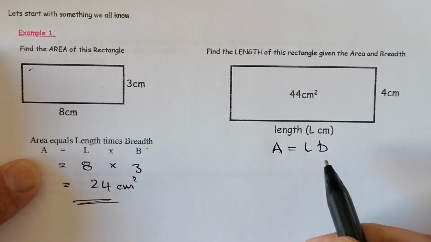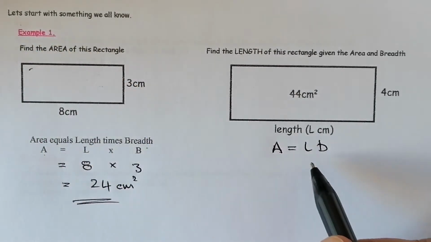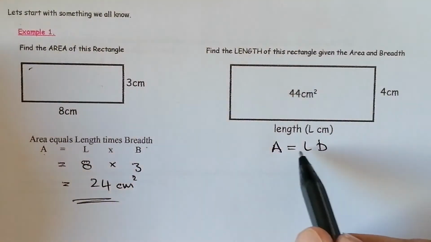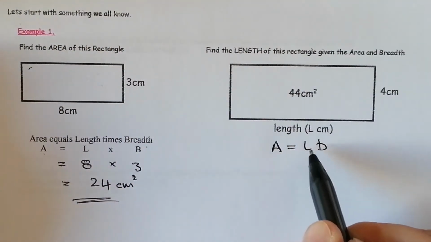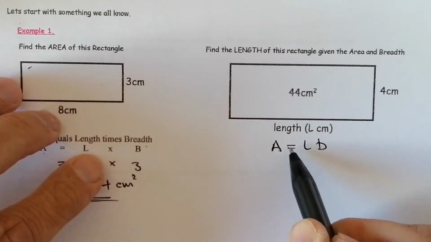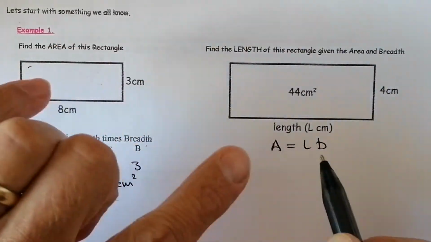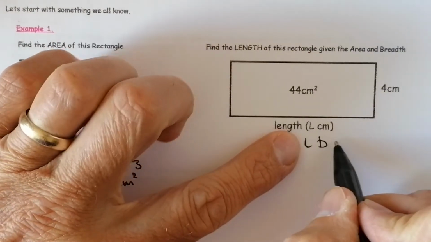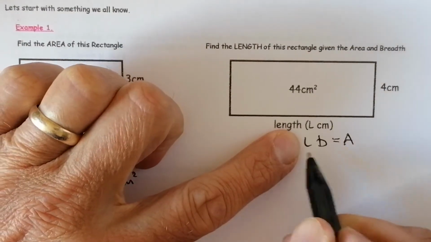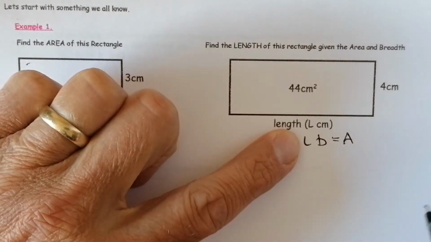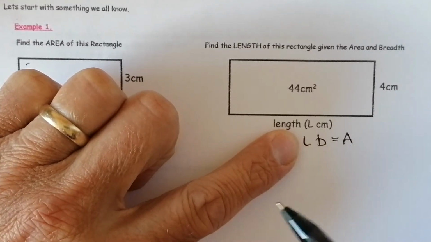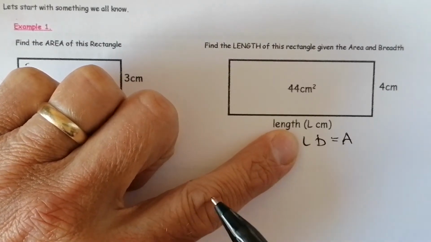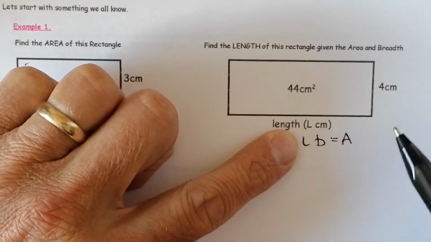What I want to do to change to the length is this: I know that A equals LB, so LB must equal A. What I try to think of is just swapping things over. I'm going to have LB equals A, so that I've got the length on the left-hand side of the equation, and I finish by saying L is equal to.